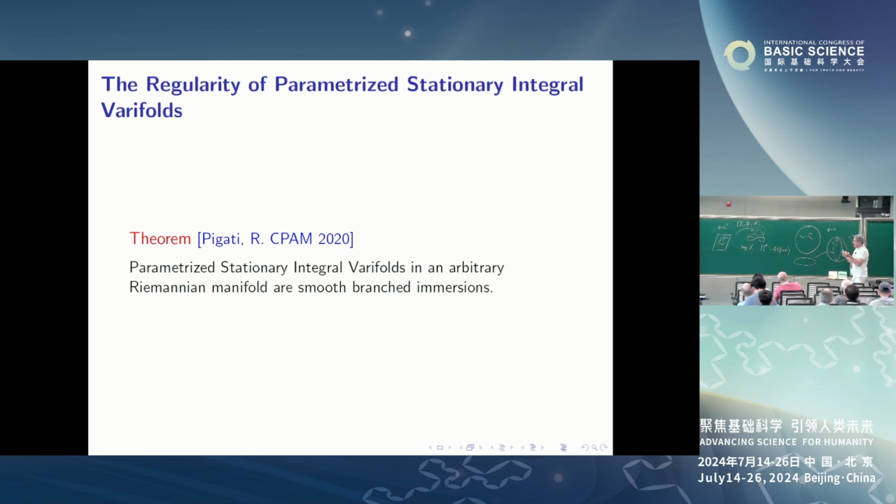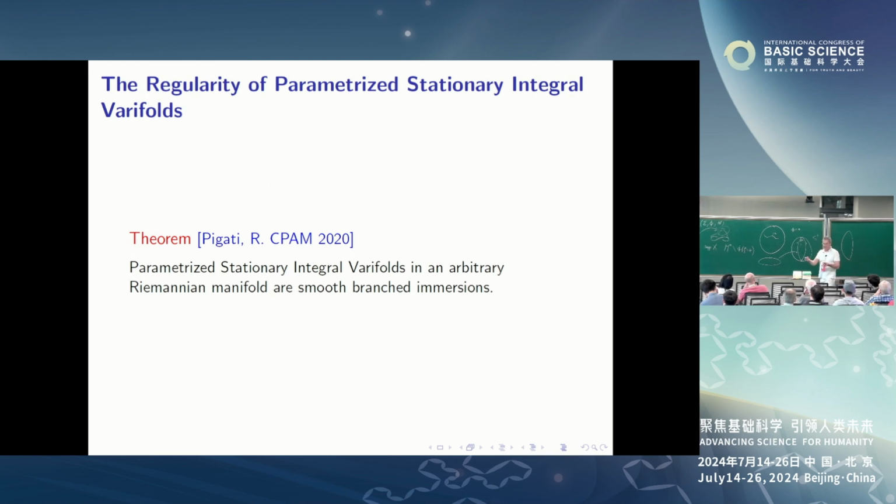But it does not have this localization property. Why? Because if you just start from here and you go once there and once here, you just end up with 2 meridians, and this is not stationary relative to its boundary. So it is parameterized, but it is not parameterized stationary in the sense which is here.